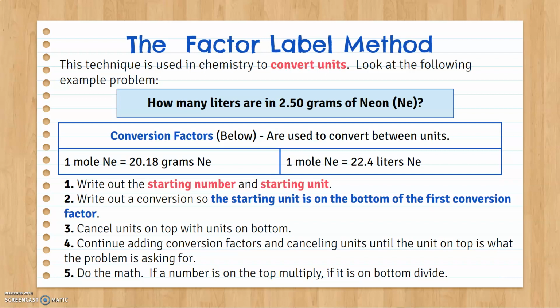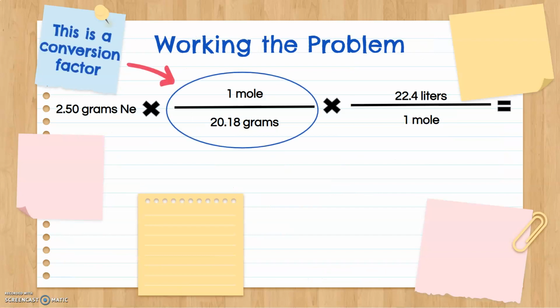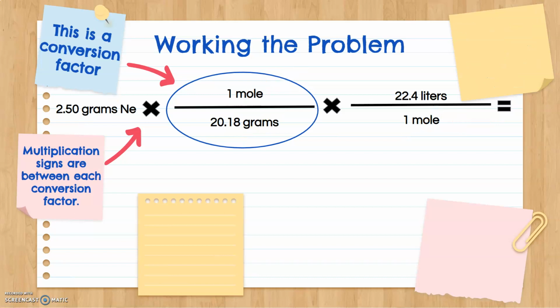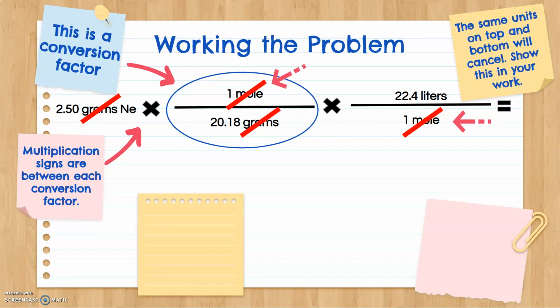They gave us a great conversion: 1 mole is 22.4 liters. If we go over here, now if you look, I put liters on top, 22.4 liters, and then the 1 mole on the bottom. So you'll see that grams cancel, top and bottom, moles cancel, top and bottom. It's the whole idea of being on the top and the bottom of the conversion factor.